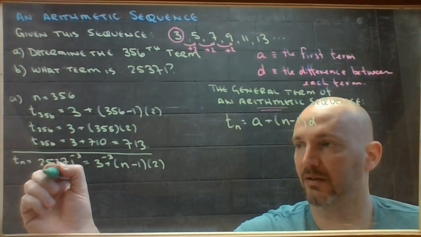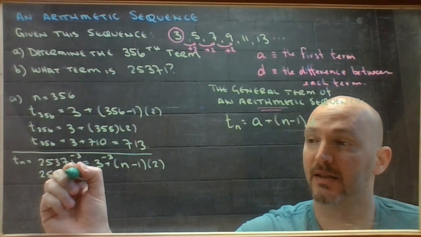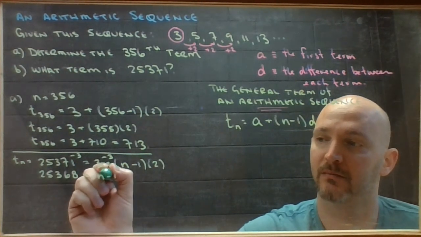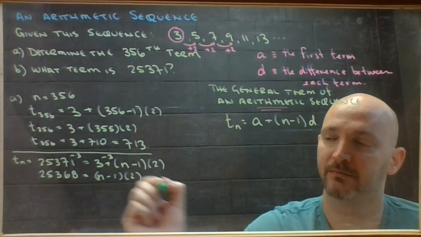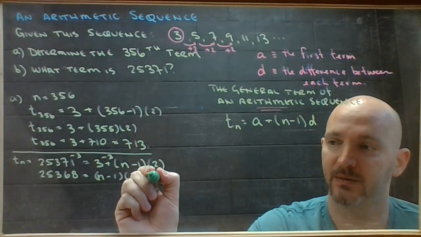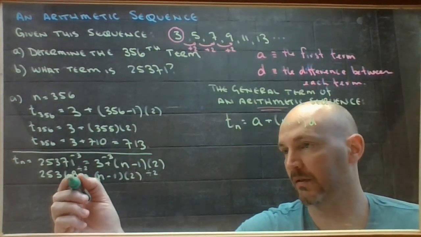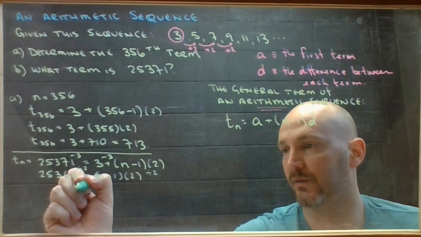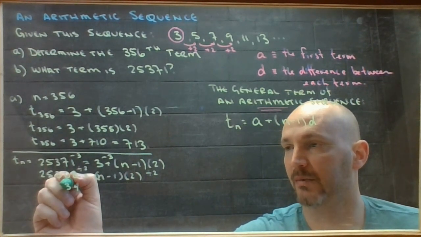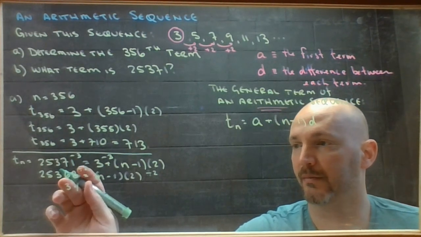Would give me 25,368. And I'm going to have to divide both sides by 2. Oh Lord, it's a 4 and a 3, half of 3 is, that's not going to work.